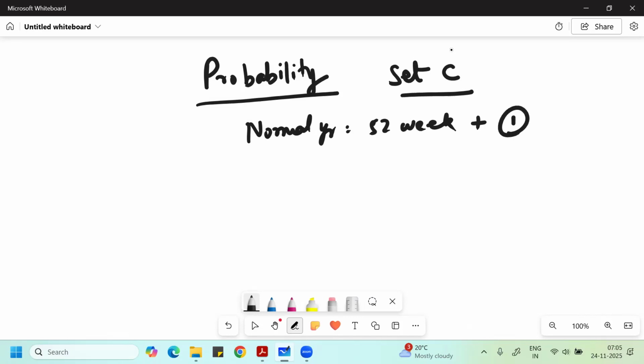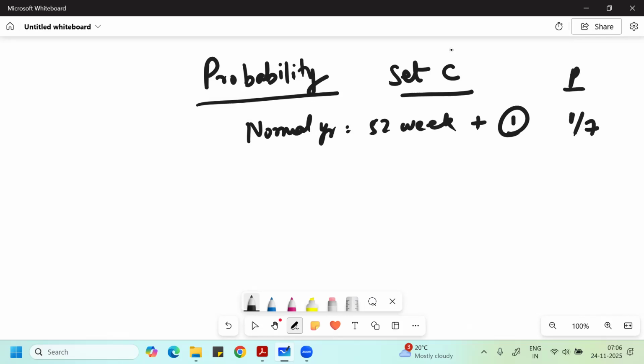This extra day is called an odd day, and it can be any day of the week. What is the probability that this day is a Sunday, so that you get 53 Sundays in a normal year? The probability would be 1 by 7.